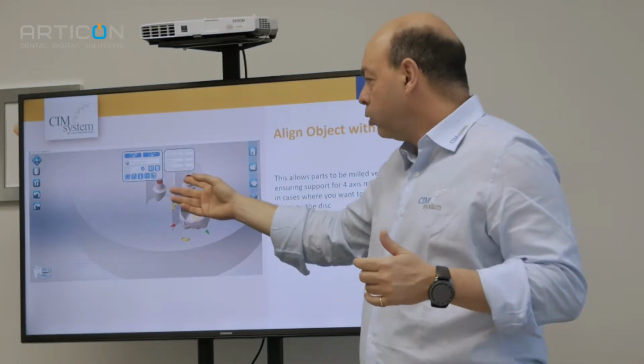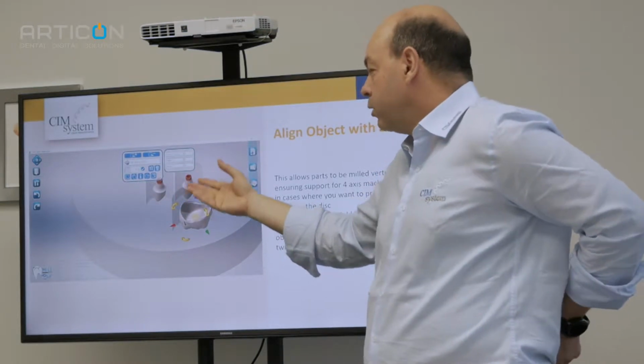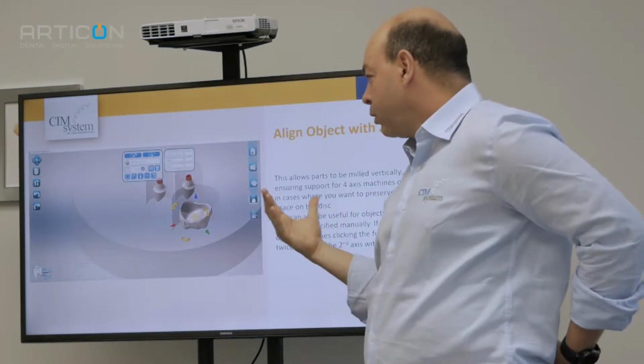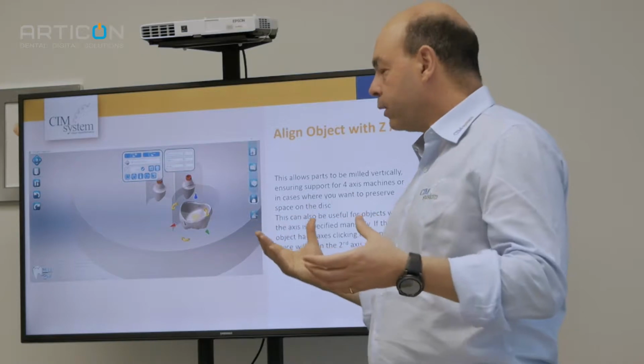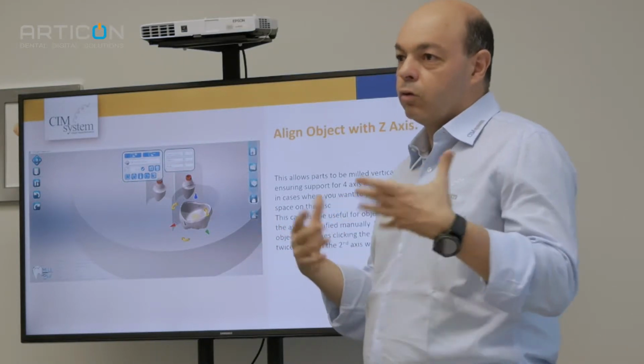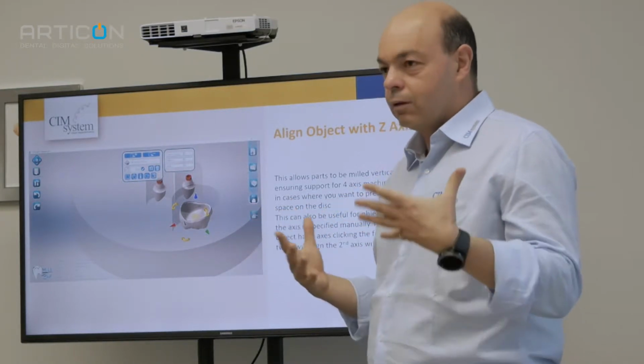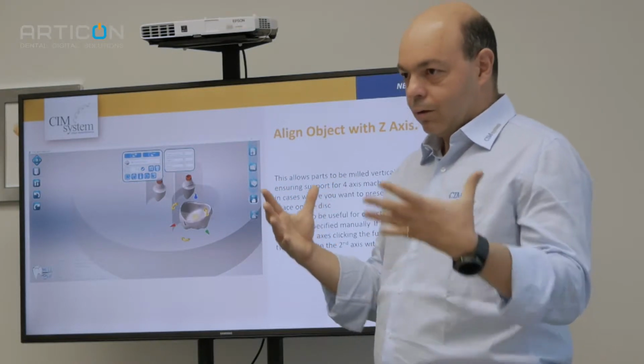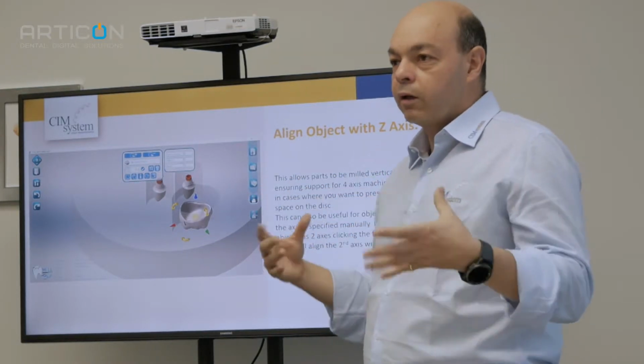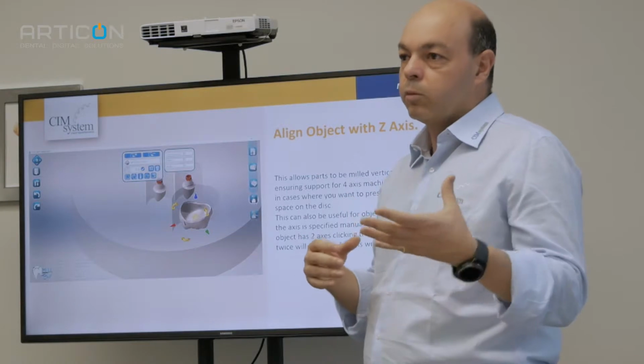Why do you need to put it in this position? For me, when you need to mill one abutment, it's better you don't use 5 axes. Because if the machine is not really calibrated, it's possible you have a problem.